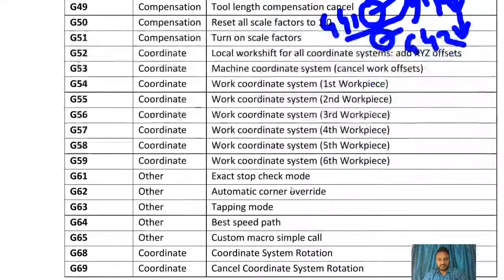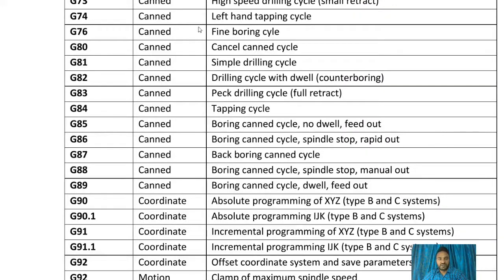Next is G70 and G71, which are used in turning cycles. Then G80 and G81 are canned cycles; we will see how we can use them.